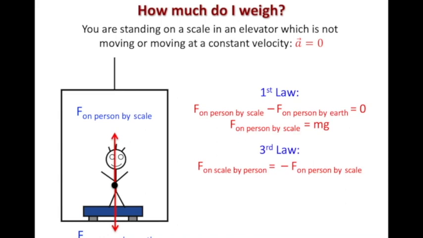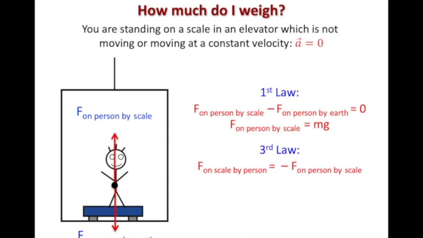And so now we can use our third law. If there's a force on the person by the scale that's equal to mg, there's a corresponding equal and opposite force on the scale by the person. And that is going to be equal to negative mg, right? So gravity pulls down on the person at mg, the scale pushes up on the person with mg, and as a result, the person pushes down on the scale with mg.